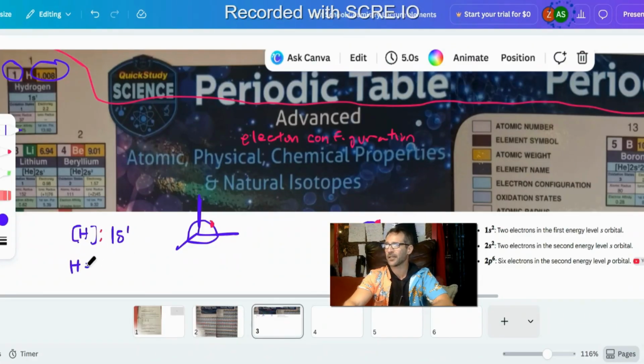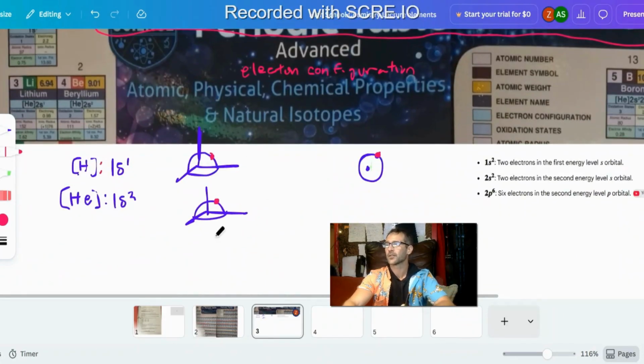When we get to something like helium, then we've got 1s2. So you're in the first energy shell, right? But you've got 2 electrons. And usually that occupies positive and negative, right? But I'm just going to keep that kind of on the 0 there to show that you've got 2 there.